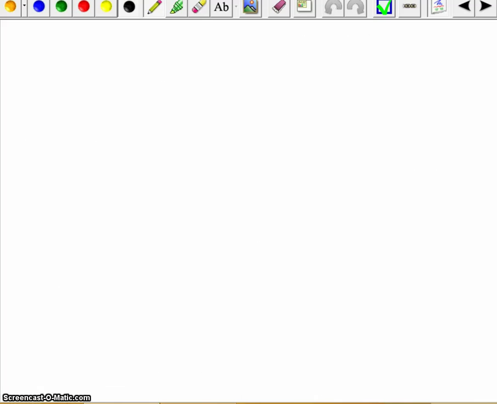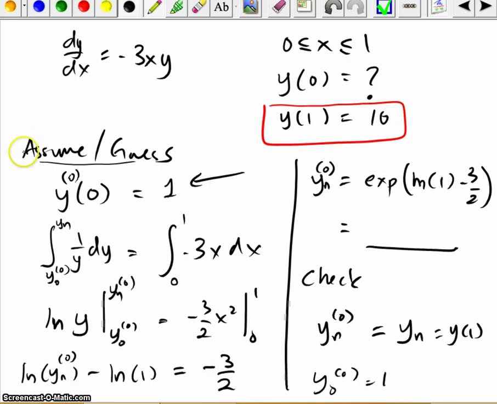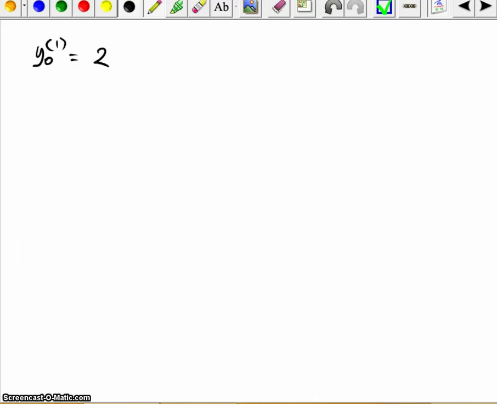So what you can do is another guess. Okay, let's say now I'm assuming it to be 2. So using the same method as shown here, you can find out what your yn is again. So carrying out your integral, you can find out what yn1 is, and you'll have some particular value here.